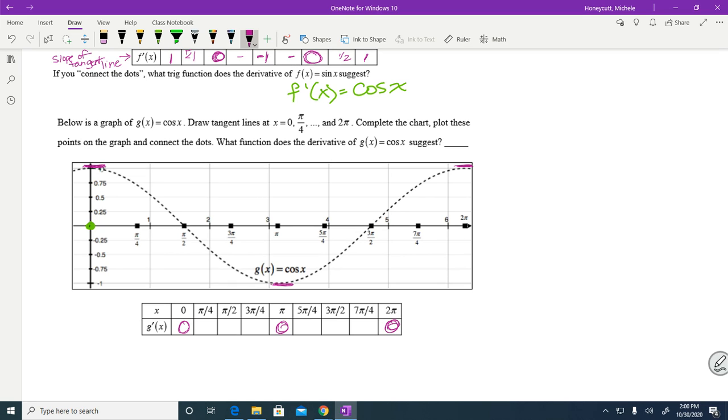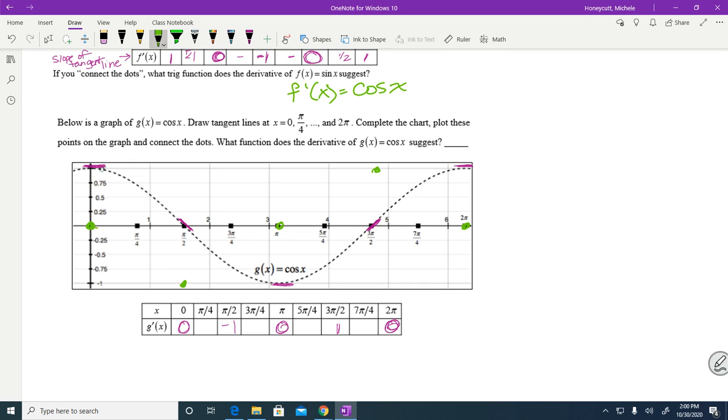Derivative is 0. So I'm going to plot points here and here. Then at about pi over 2, it looks like we have that -1 slope. So pi over 2, -1. And then at 3 pi over 2, it looks like we have a +1 slope. So at 3 pi over 2, +1.